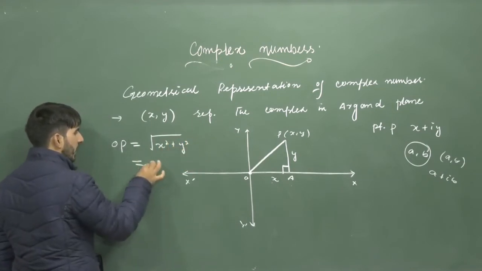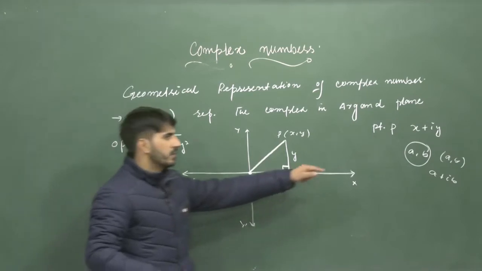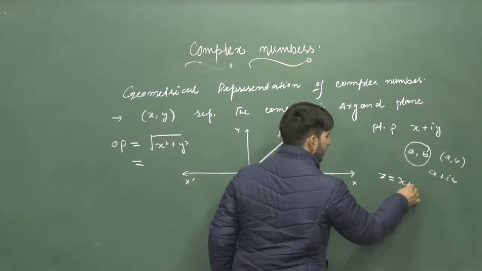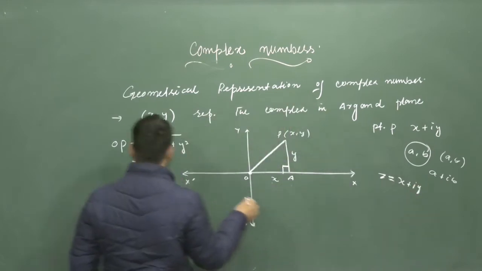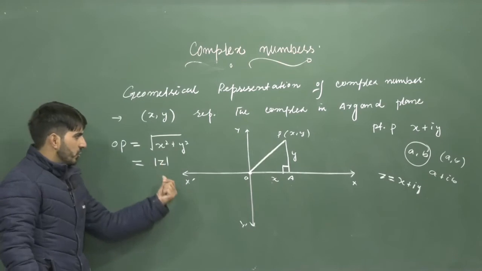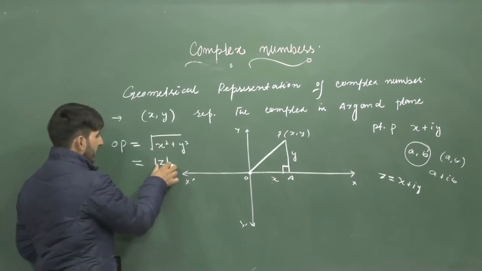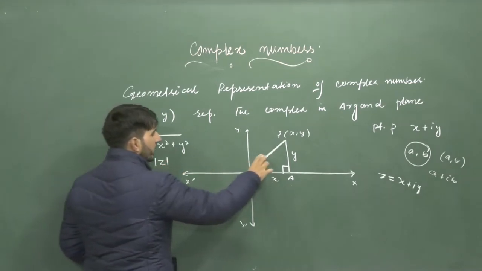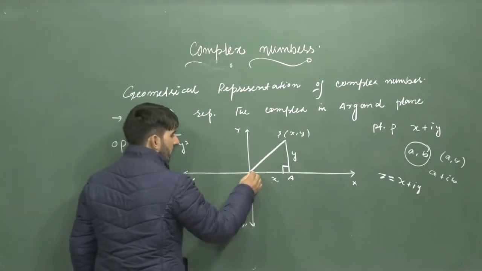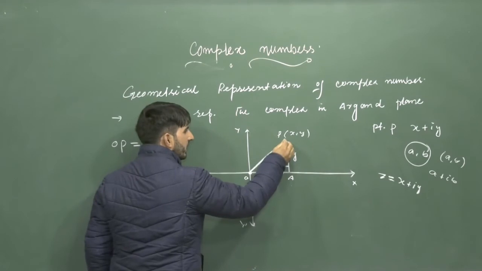This is nothing but the modulus of this complex number, which is equal to mod of z. So in the geometrical sense, mod of z represents OP, the length from O to P.